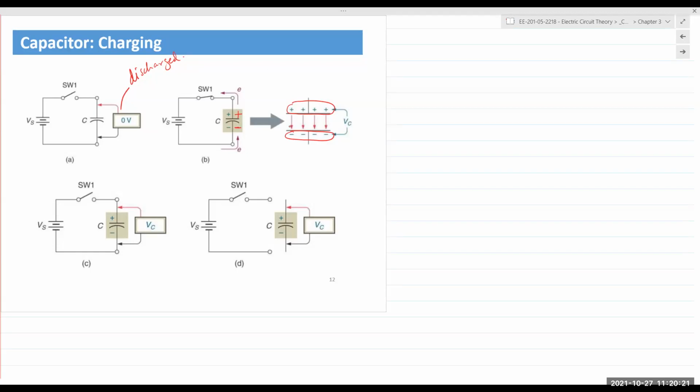So if the electrons are moving counterclockwise, we say that current is moving clockwise. If current is moving clockwise, it follows the same sign convention. Make sense?